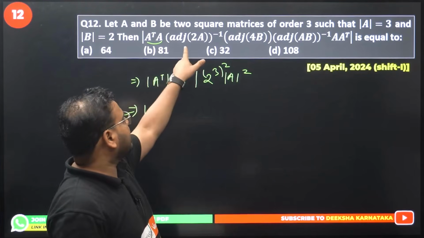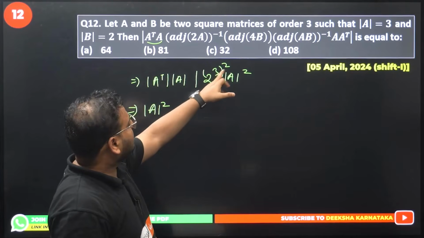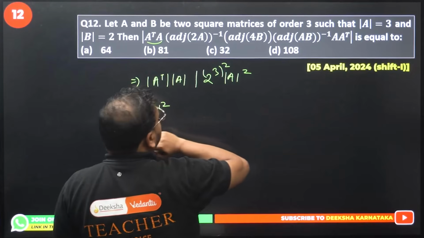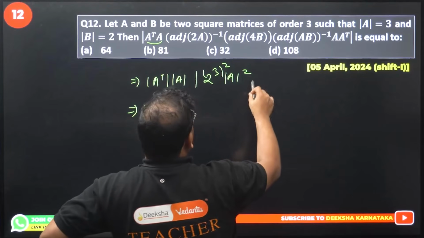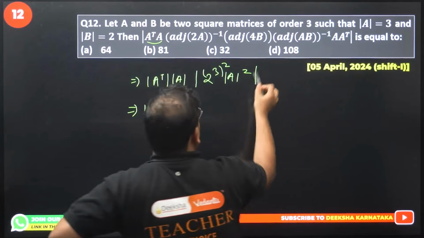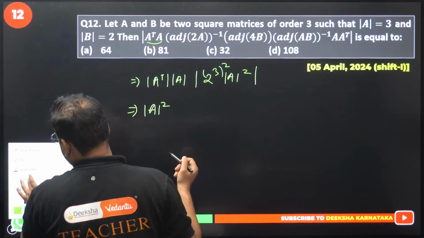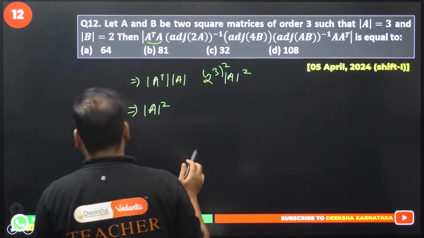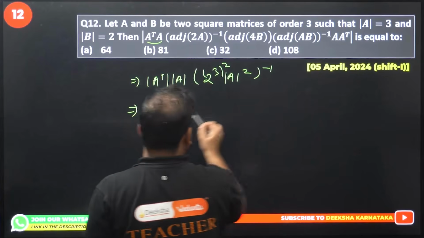The determinant of the adjoint will make it the square again. We have one adjoint, so that's why power 2 will come. And we have a square over here. And this will be in power minus 1, right? This is no longer a determinant, simply minus 1. It means it will come in the denominator.